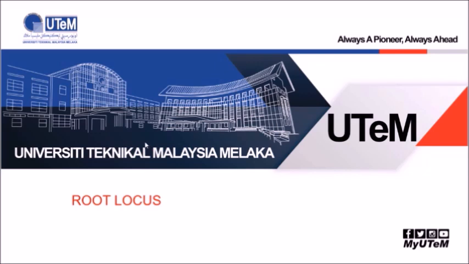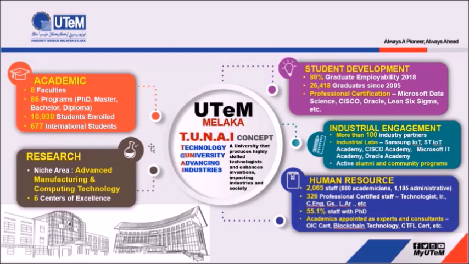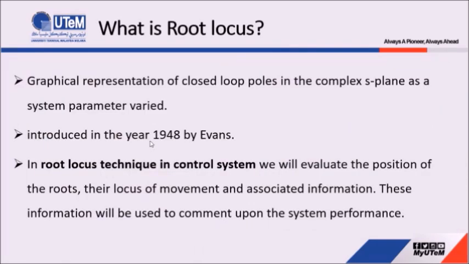So today we're going to discuss one of the techniques that we can use to analyze the performance of the system. That technique is root locus. So what is root locus? Root locus is a graphical representation of closed loop poles in the complex S plane as a system parameter varies.